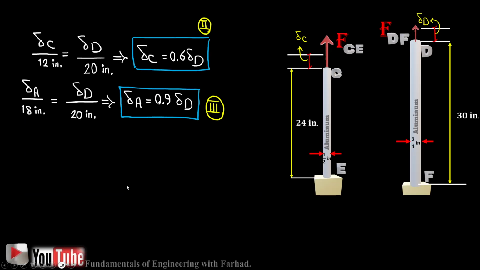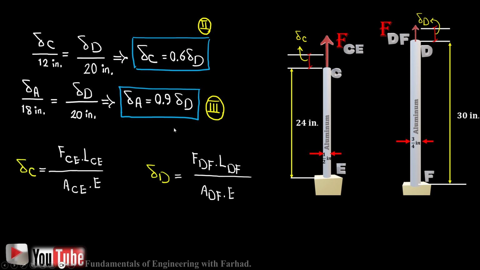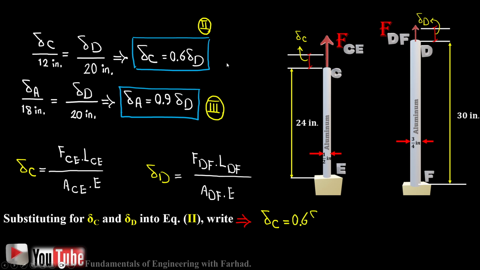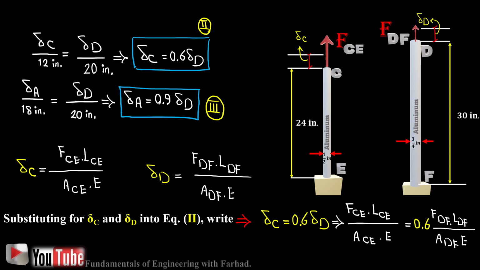And then if we jot down our equations 2 and 3 again, based off our geometry, we get this relation: delta C is equal to FL over EA for C, and FL over EA for D. Substituting for delta C and delta D in equation 2, it gives us delta C is equal to 0.6 delta D, and it gives us this relation: F_CE times L_C over A_CE times the modulus of elasticity is 0.6 times FL over AE for rod DF.